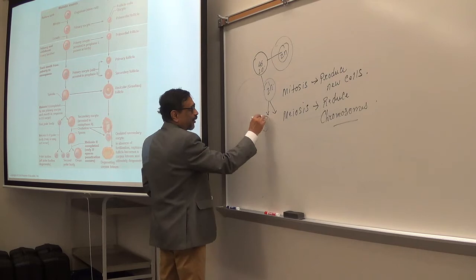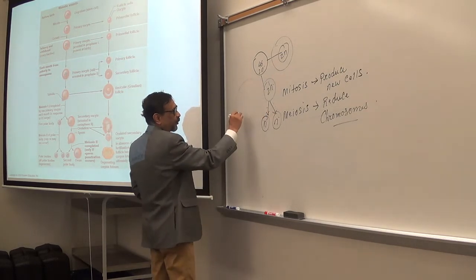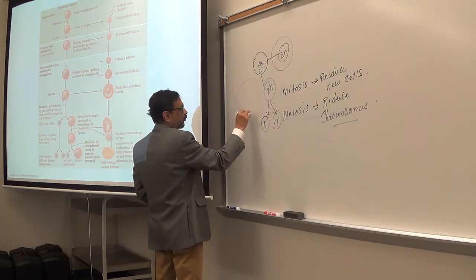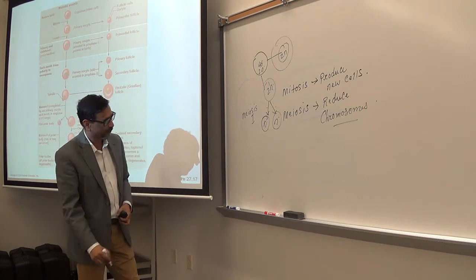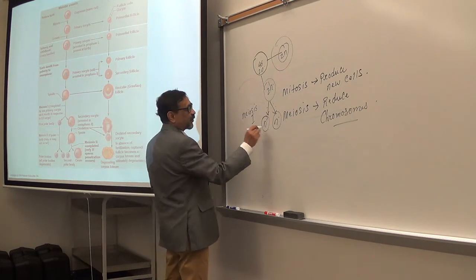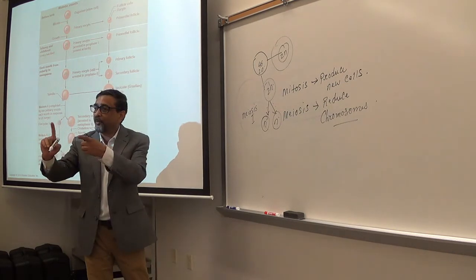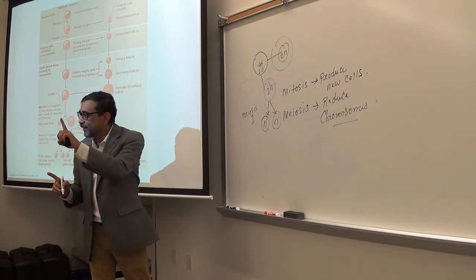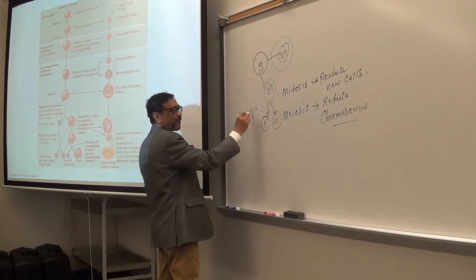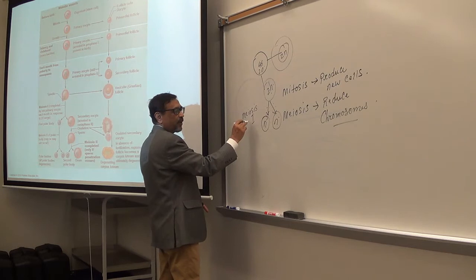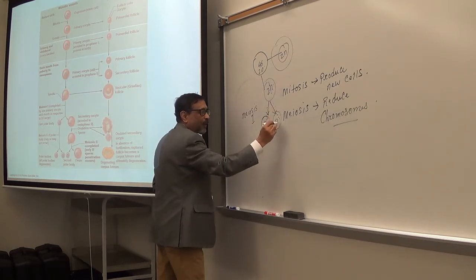So the meiosis 1, you already know, will reduce the number of chromosomes to half. Meiosis 1, right? We talked about that before. And then meiosis 2 will occur. But the difference between spermatogenesis and oogenesis here is, when meiosis 1 will occur, most of the materials from this cell will go to one side.